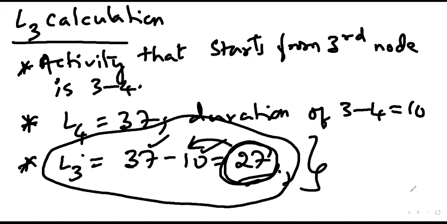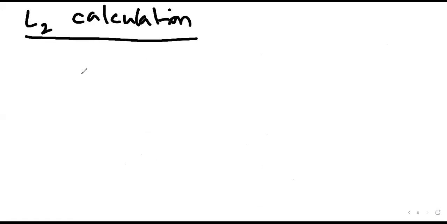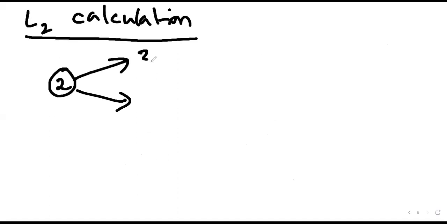Okay. So this is done. Next, L2 calculation. The activities that start from the second node are one, 2-3, and next 2-5.